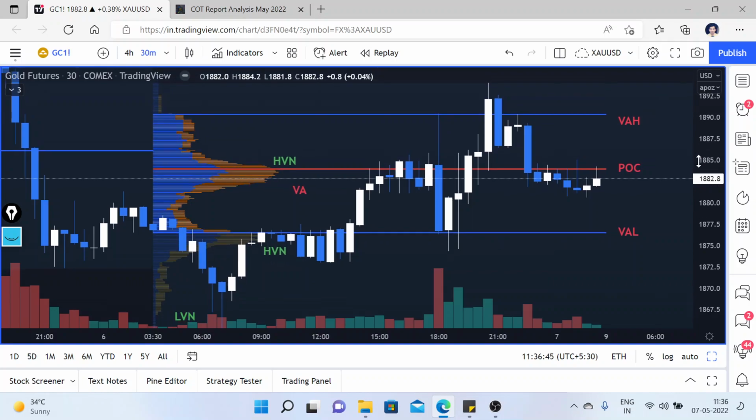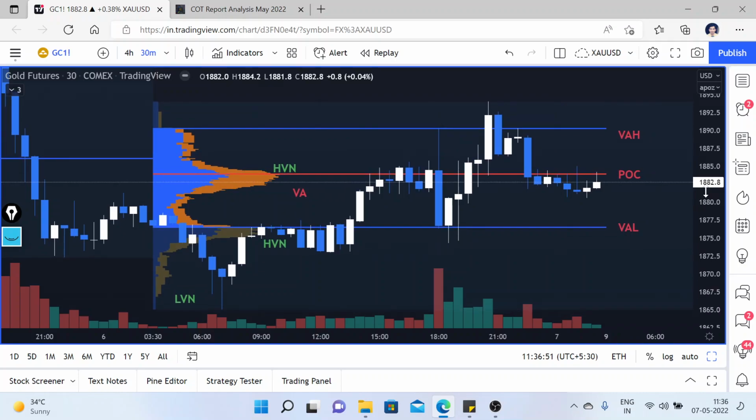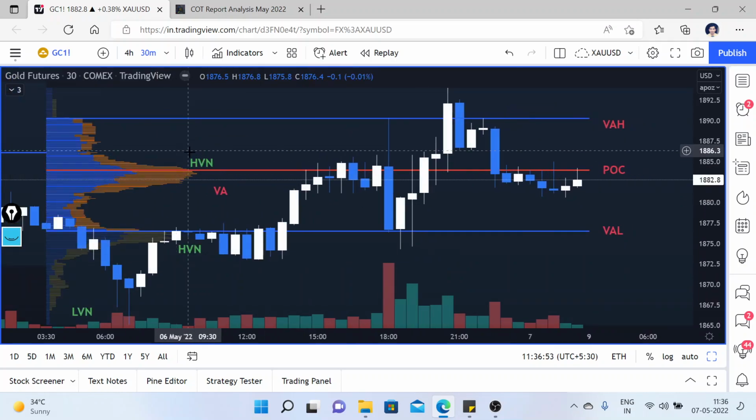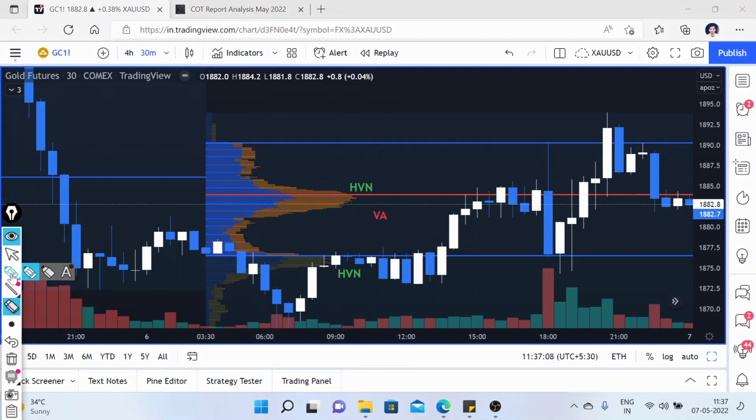And if I zoom in, you can see this is the light area and this is the dark area. From here you can see this is also the light area. So what is the value area over here? This one. The value area is the dark blue area, you can see from here.